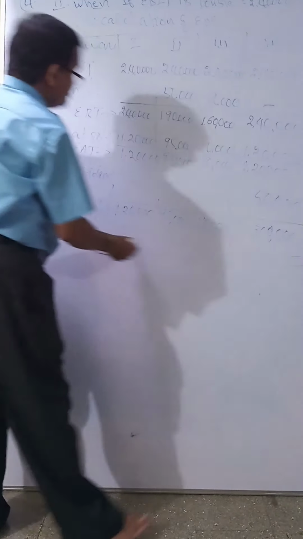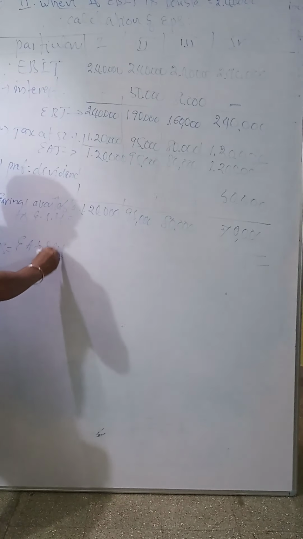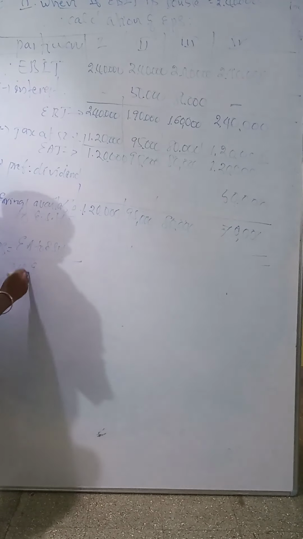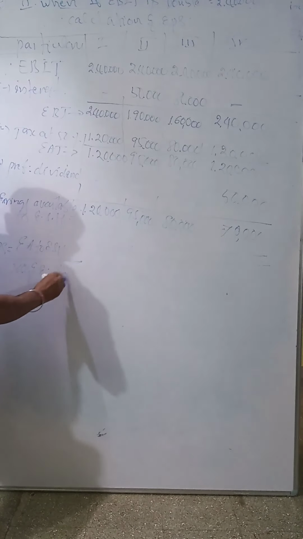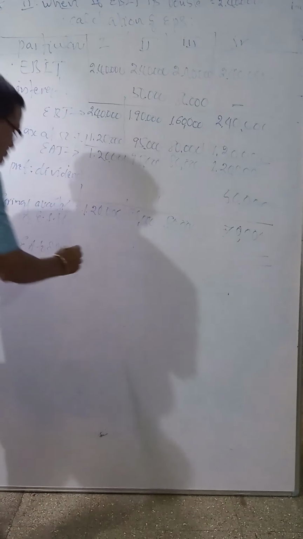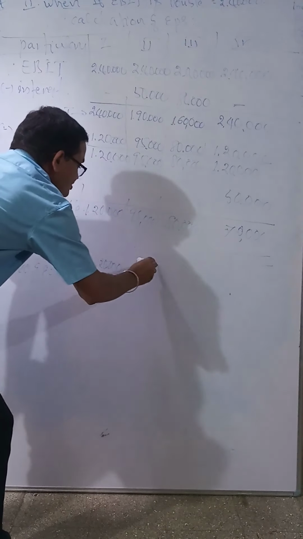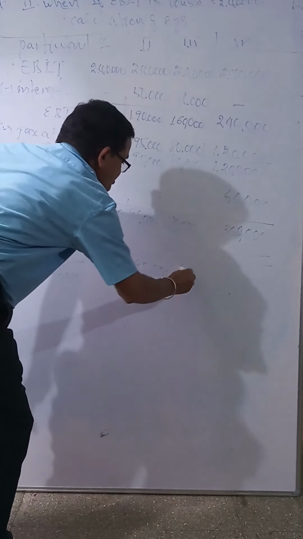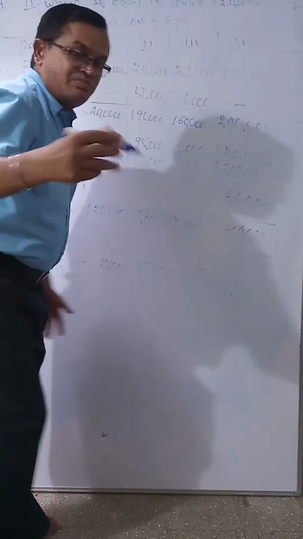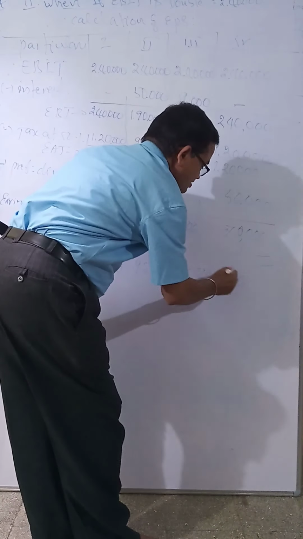Therefore, EPS, earning per share, equals earnings available to equity shareholders divided by number of equity shares. Earning available: this is 1,20,000, 95,000, this is 80,000, and in this case adjusted, this is 70,000.